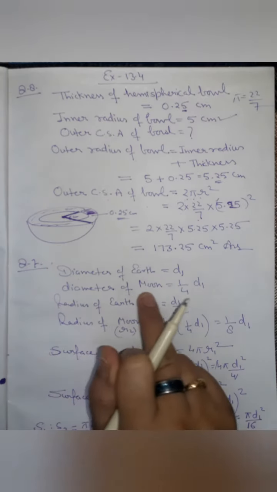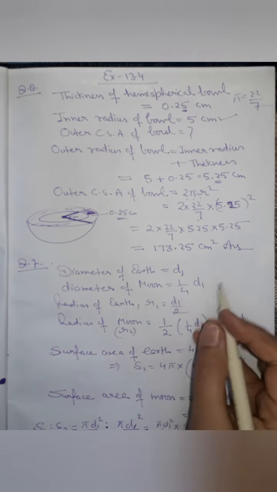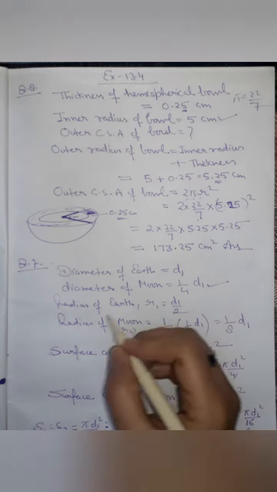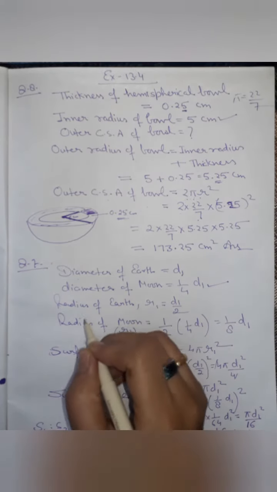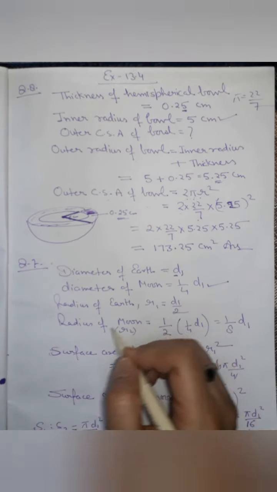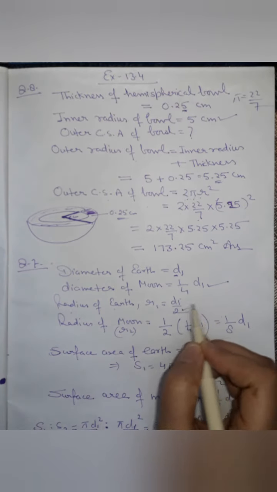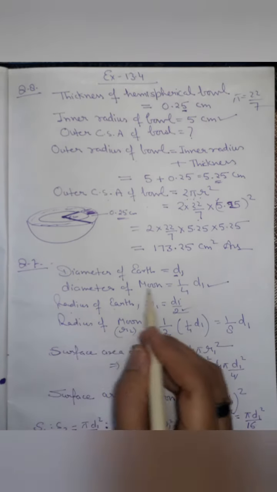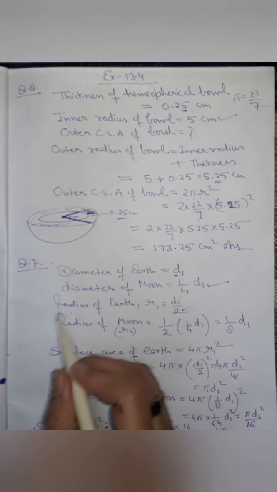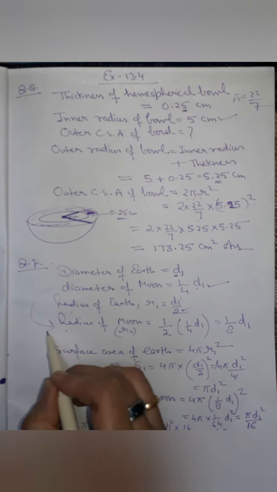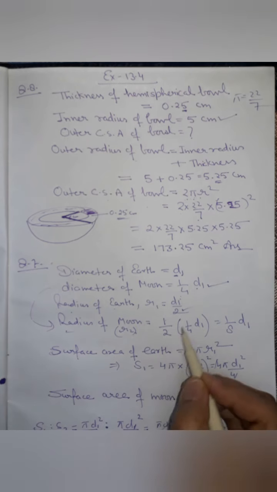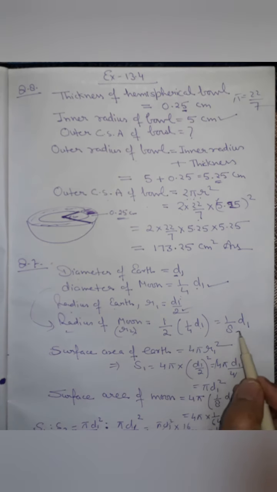Means diameter of moon will be 1/4 d1. Now we know that radius is the half of diameter. If diameter of earth is d1, then radius of earth will be d1 upon 2. Same way, if diameter of moon is 1/4 d1, then radius of moon will be half of it. It means half of 1/4 d1. This will be 1/8 d1.